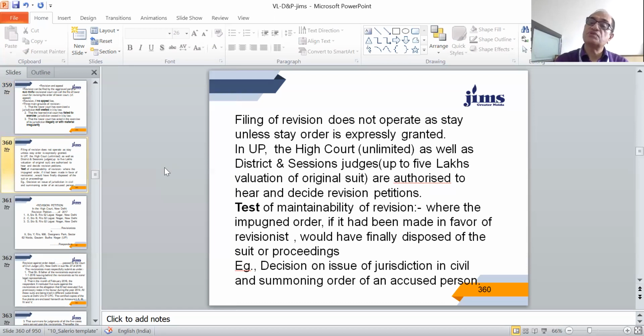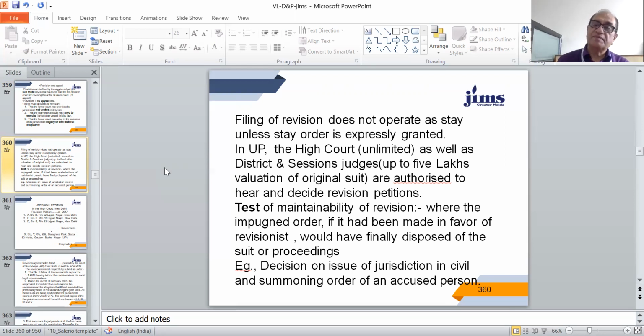Once the court has no jurisdiction, then the matter terminates in your favor, because it was your objection as defendant that the court has no jurisdiction, and the court has passed an order, no, we have jurisdiction. So this order passed by the lower court that they have jurisdiction to decide a particular case is revisable, because if this order is reversed, reversal means that the court has no jurisdiction, then it terminates the proceedings in favor of the defendant.